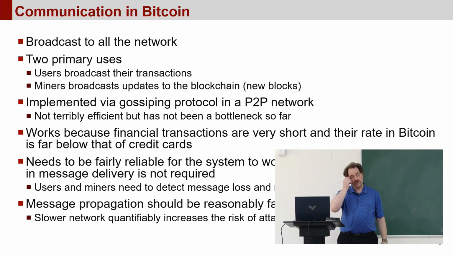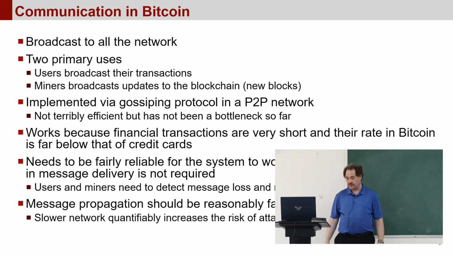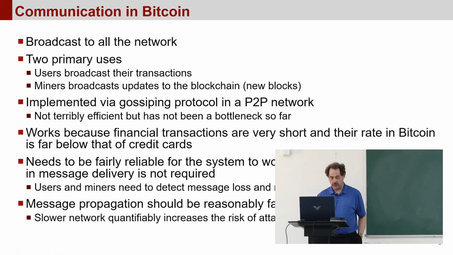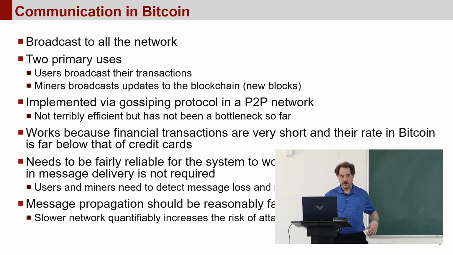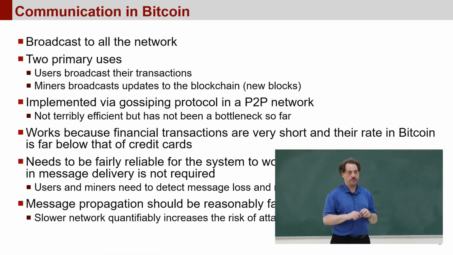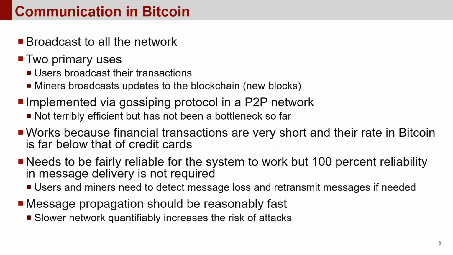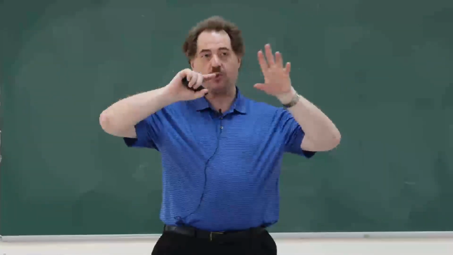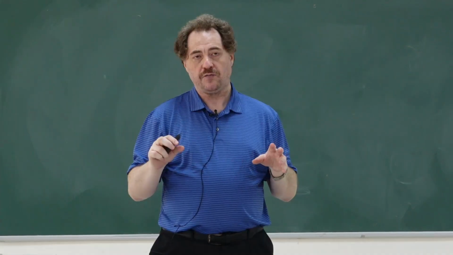Now, how is this broadcast primitive implemented? It's implemented using what's called a gossiping protocol in a peer-to-peer network. So how does it work? I'm not going into the detail, just the overview. So first of all, there is the broadcast protocol. It's through gossiping.